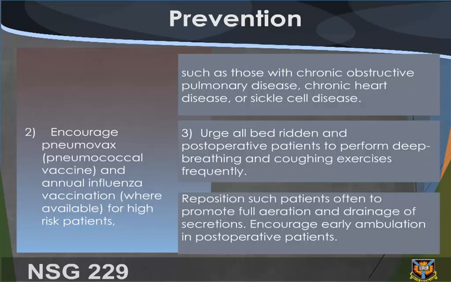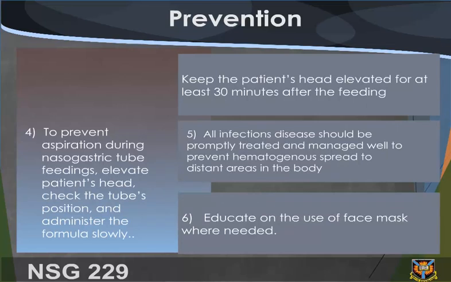3. Urge all bedridden and post-operative patients to perform deep breathing and coughing exercises frequently. Reposition such patients often to promote full aeration and drainage of secretions. Encourage early ambulation in post-operative patients. 4. To prevent aspiration during nasogastric tube feedings, elevate the patient's head, check the tube's position, and administer the formula slowly.